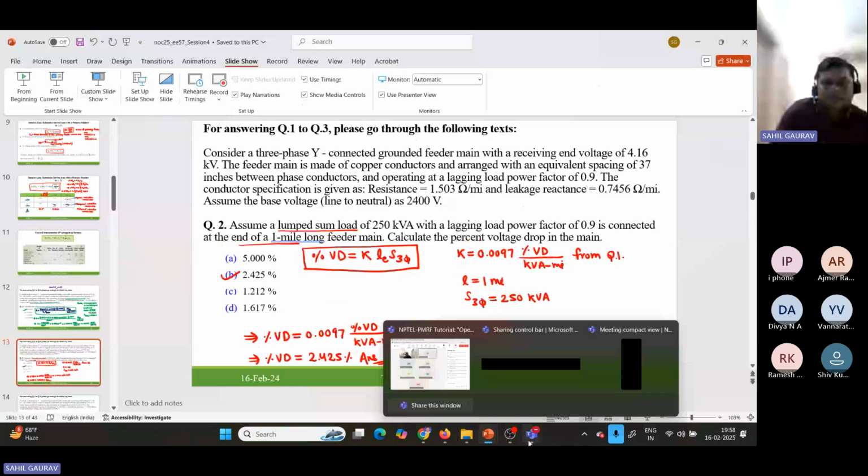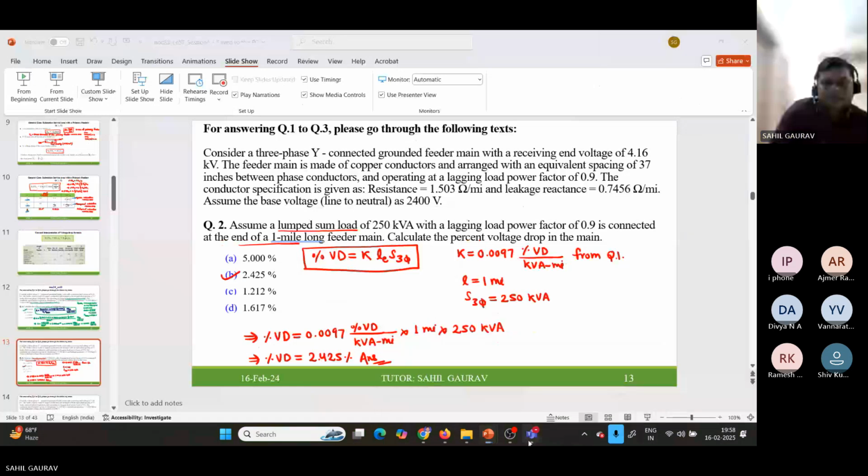Now let us move to the next problem. In this problem, all the things are the same.